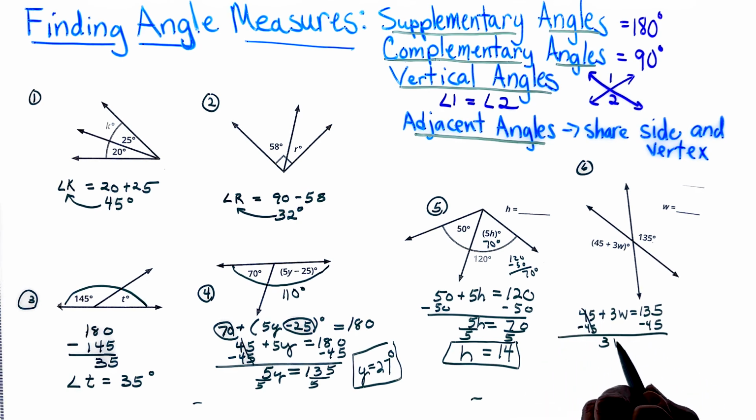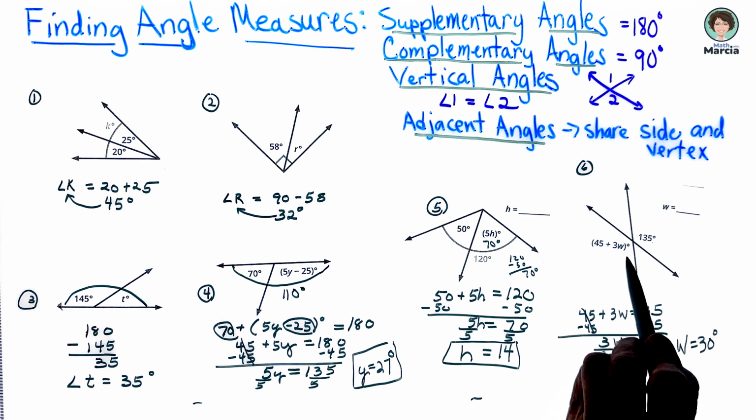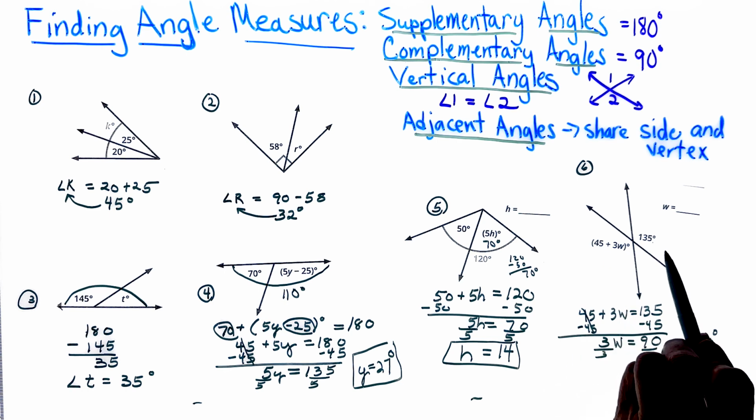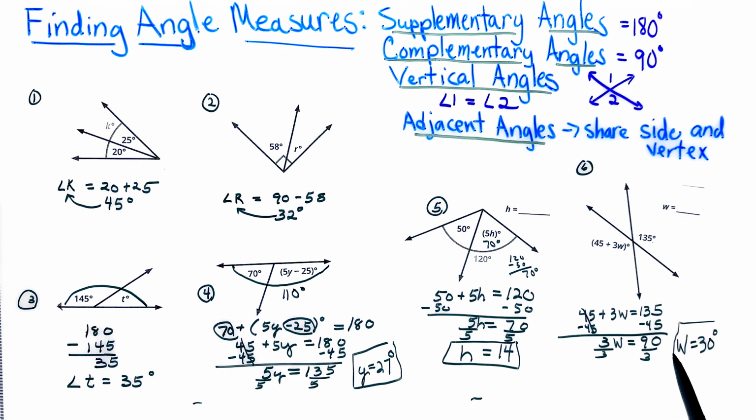I get my 3w is equal to 90. I'm dividing it by 3. And then my w is equal to 30 degrees. And if we substituted that in there, that would be 3 times 30 is 90 plus 45 will give us 135 degrees. So here is the answer that they wanted.